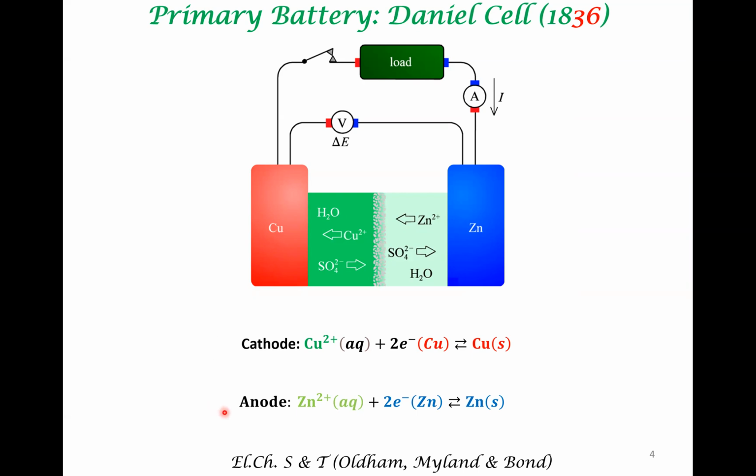In the case of a primary battery, it's very clear. We can use this terminology of anode and cathode because these batteries are not rechargeable. Only one kind of reaction occurs at a particular electrode-electrolyte interface. So at the anode there is oxidation, and at the cathode there is reduction.